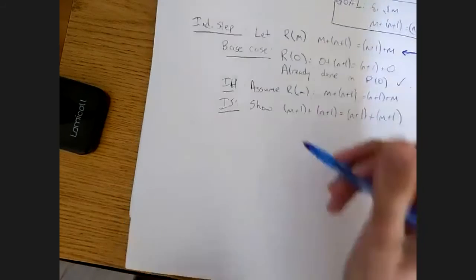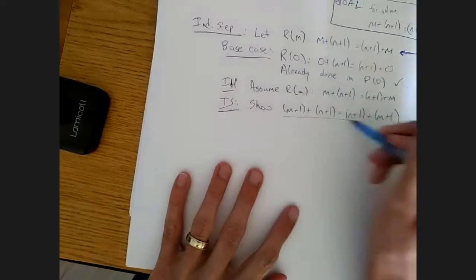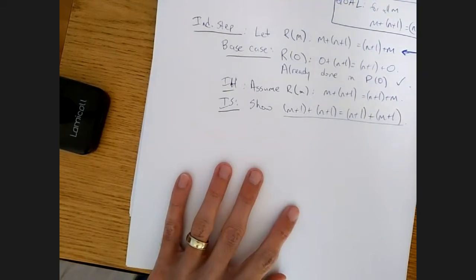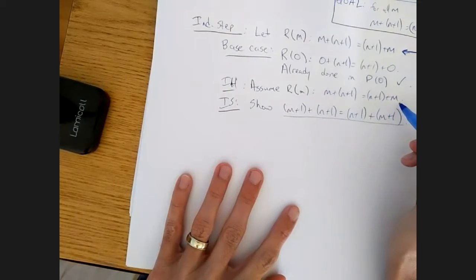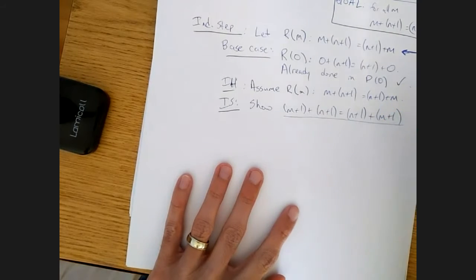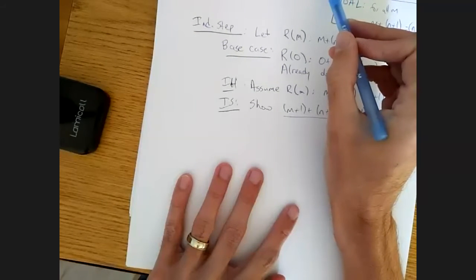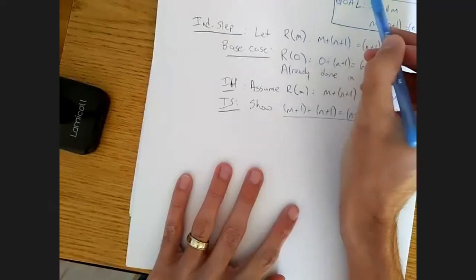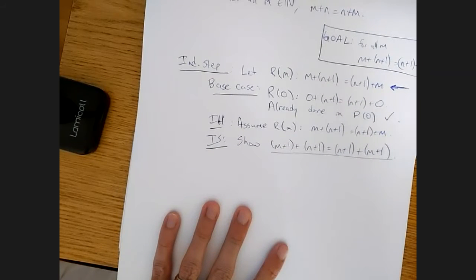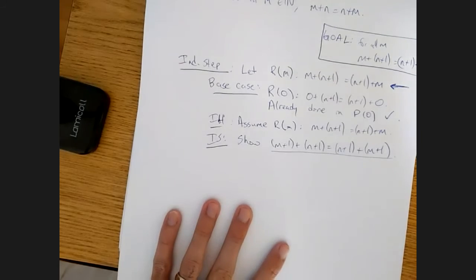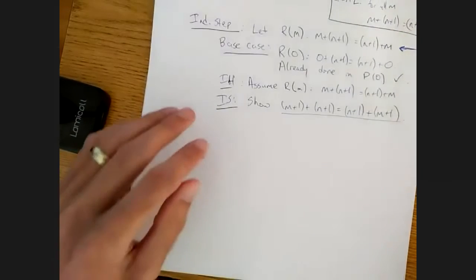Okay, so we have to show this, and what we know is that m plus n plus 1 equals n plus 1 plus m. We know P of n, so we know for all m, m plus n equals n plus m. And hopefully that's enough.